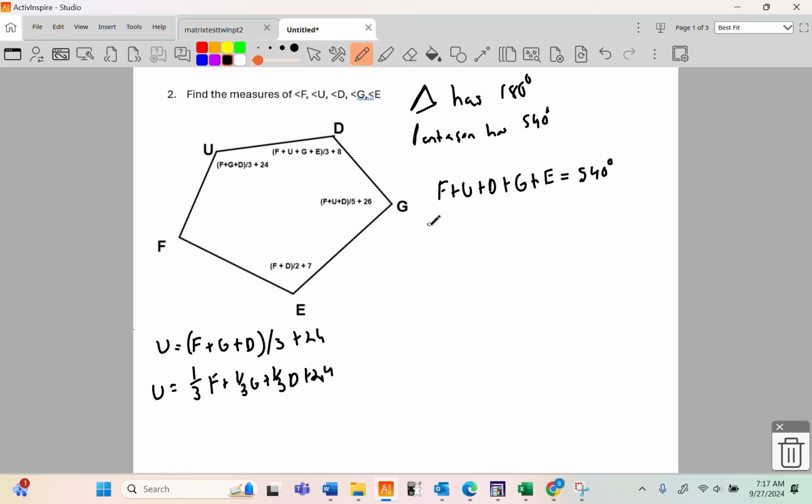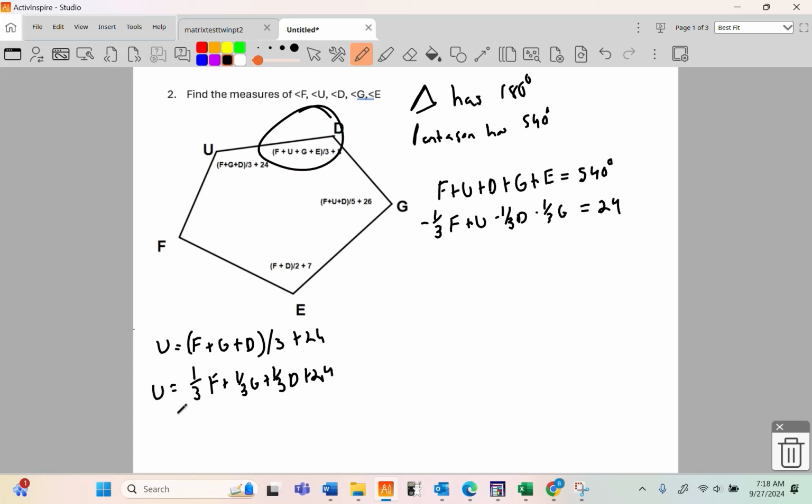So I'd have a negative 1/3 of F, a U on the left, minus a third of D, because D comes next, I almost messed up, minus a third of G. And this doesn't talk about E, but the 24 stayed on the right-hand side. So I just shifted things left. And that's the strategy I'm going to use.